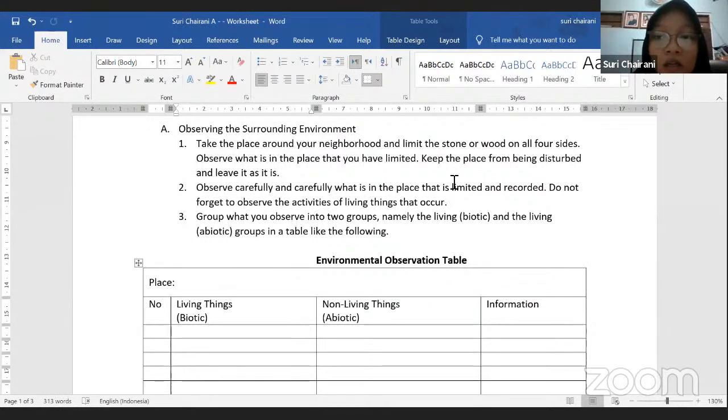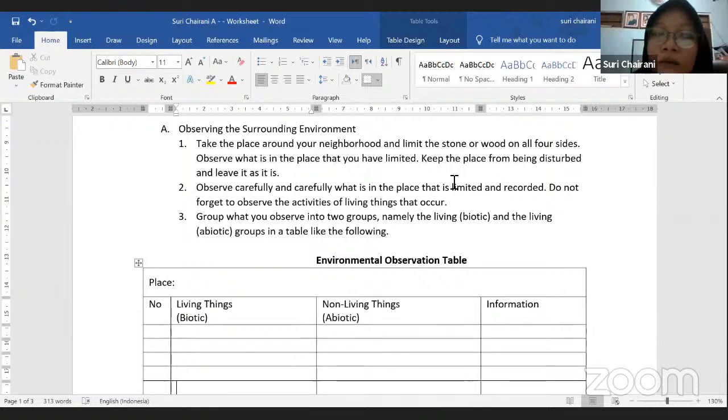But maybe, because in our neighborhood there isn't any stone or soil or plant, because they are all concrete, or they live in apartments, they can't observe it clearly.